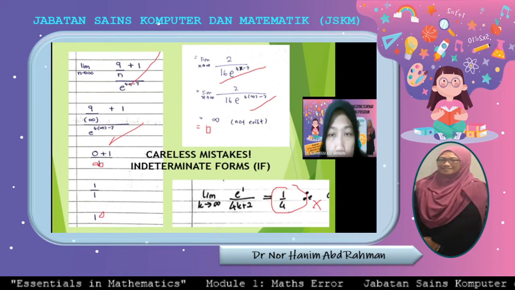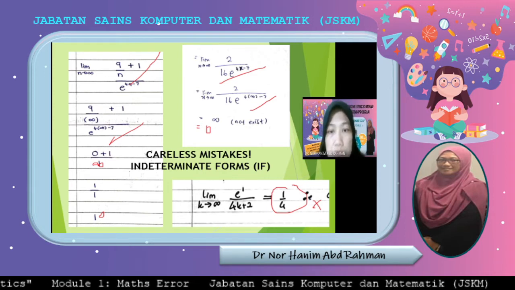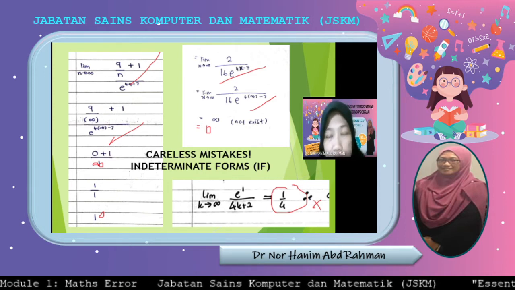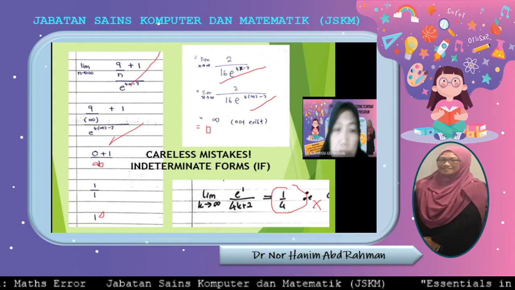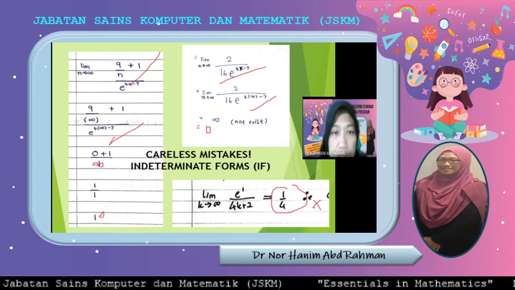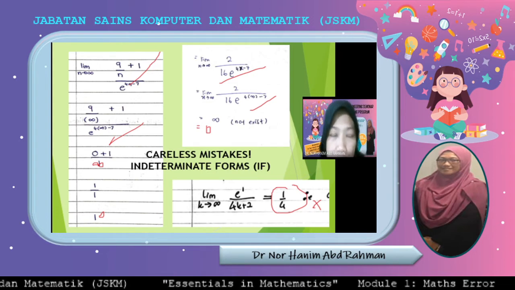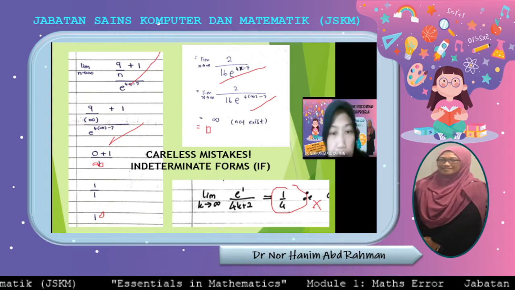You need to change it into a different form. Either you factorize, simplify dulu, ataupun you use L'Hopital rule or ada kaedah-kaedah tertentu in order for you to solve it. You cannot just assume infinity ataupun ni potong, jadi satu, salah. Ni also cannot direct potong jadi kosong atau jadi satu, wrong, salah konsep.